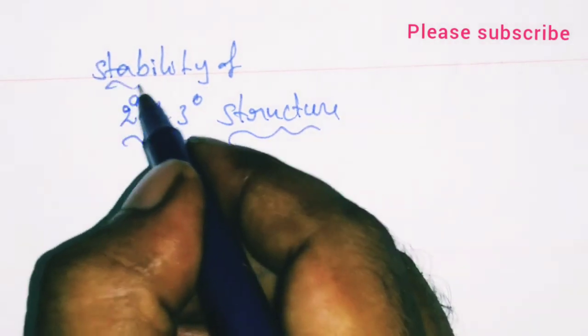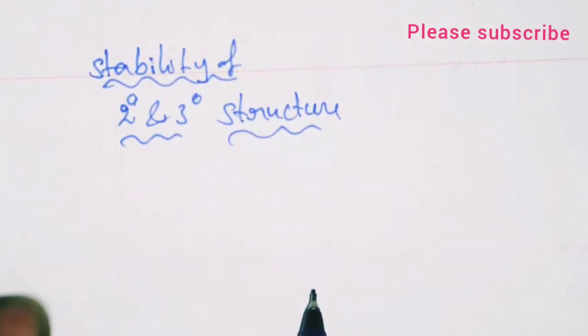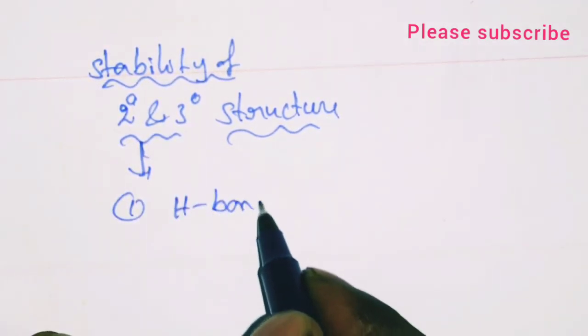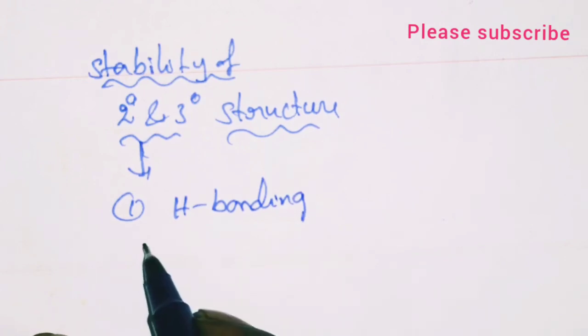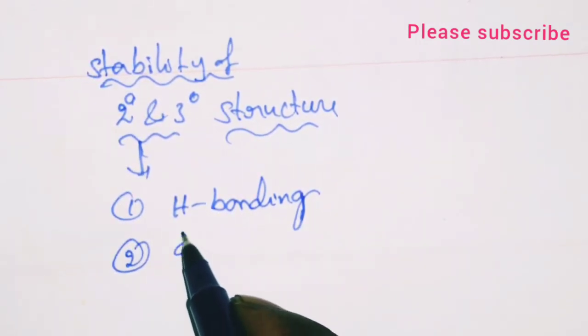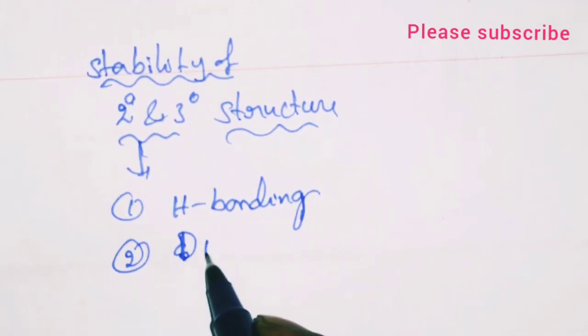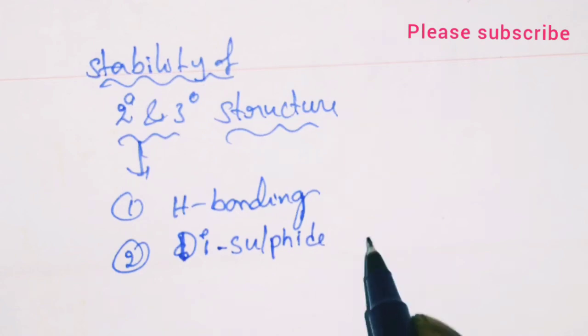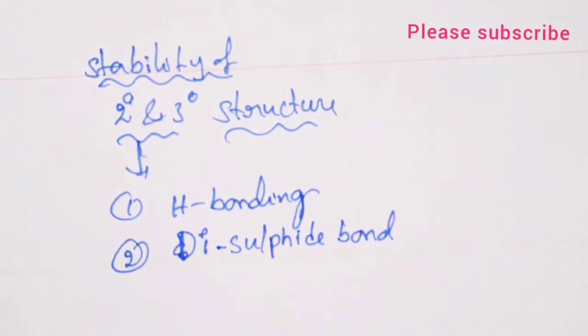I will write here. One is hydrogen bonding. Because of the hydrogen bonding they are more stable. Here one more bond is there, that is the disulfide bond. What is that? Disulfide bond, that means the bond between sulfur atoms.